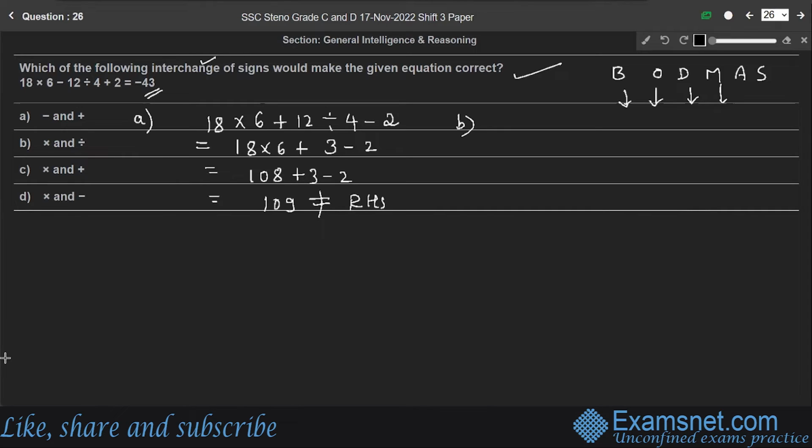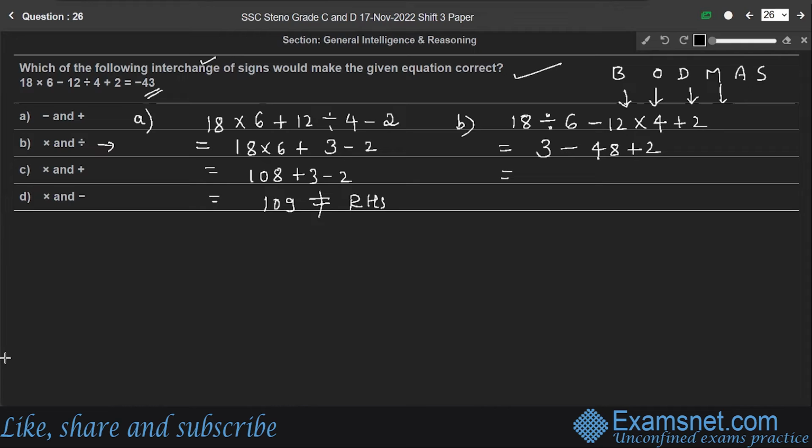So interchange multiplication and division signs. The given equation becomes 18 by 6 into 6 becomes by 6, minus 12 divided by 4 becomes into 4 plus 2. So 18 by 6 is 3, and simultaneously you can go for multiplication also: minus 12 into 4 is 48, plus 2.